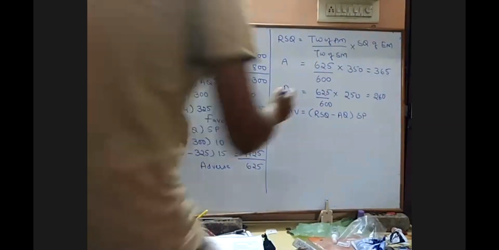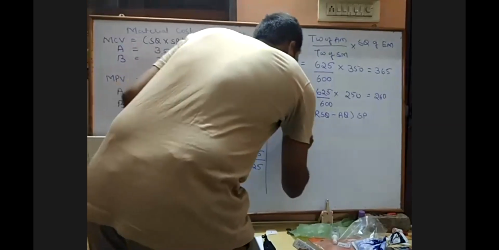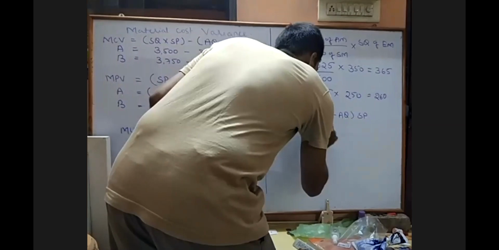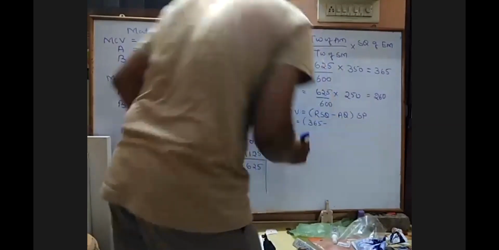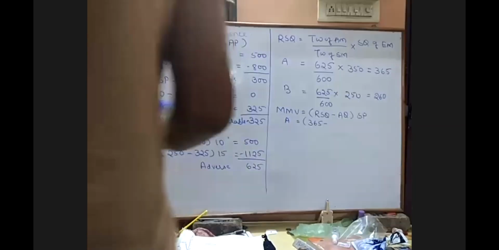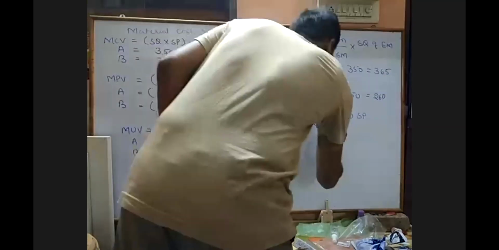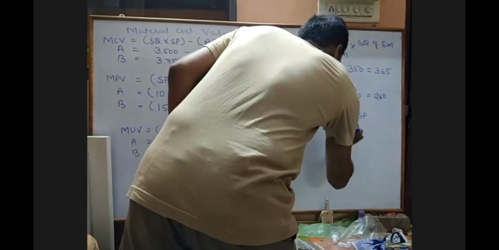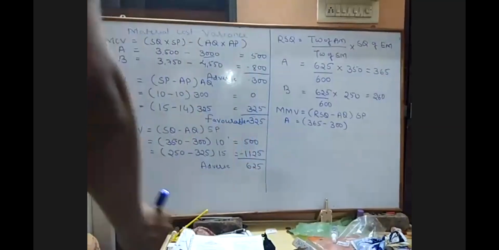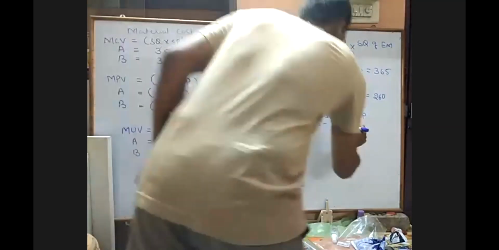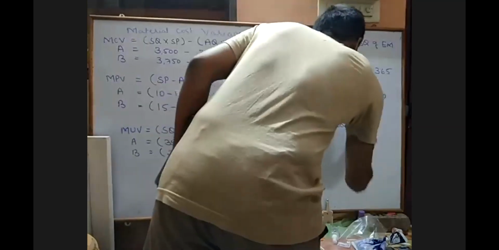So for the first one, that is A, it will be 365 minus, what is the actual quantity? 300, multiplied by standard price, which is 10 rupees. So it will be 650. Exactly. Did you understand? Yes, sir.